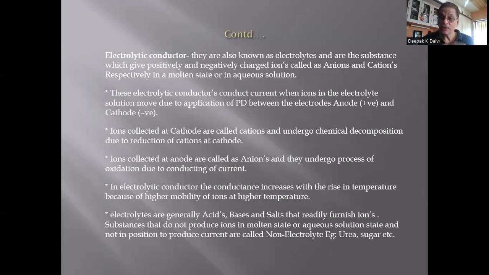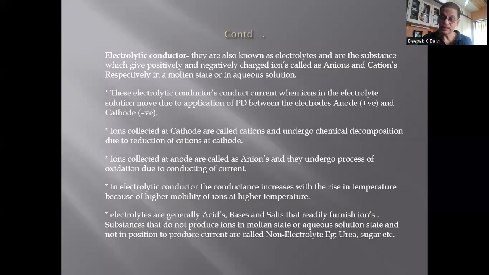In an electrolyte, as I mentioned before, there are two electrodes, anode and cathode. The anode is positively charged, the cathode is negatively charged. So when there is ionization in the solution placed in an electric current, the positive ions move towards the cathode, which is negatively charged, and negative ions move towards the anode, which is positively charged.